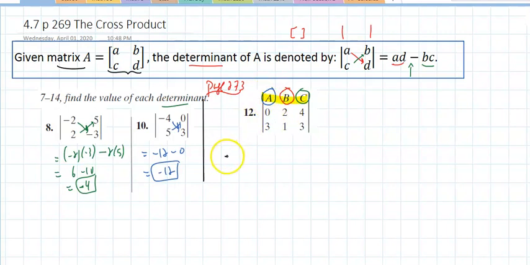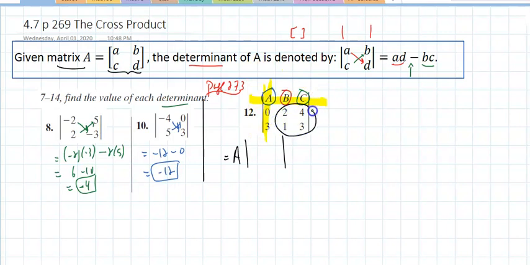If I pick A, so what I'm doing, I'm reducing this. If I picked A, I'm crossing A's row and column, meaning I'm going to go to A, I'm going to cross the row and the column.